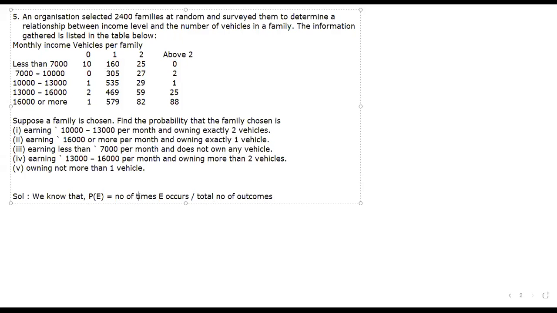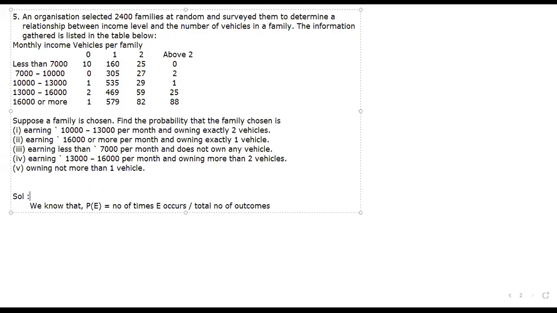Before that I had to write one statement here: 2,400 families are surveyed. So total number of outcomes is equal to 2400.